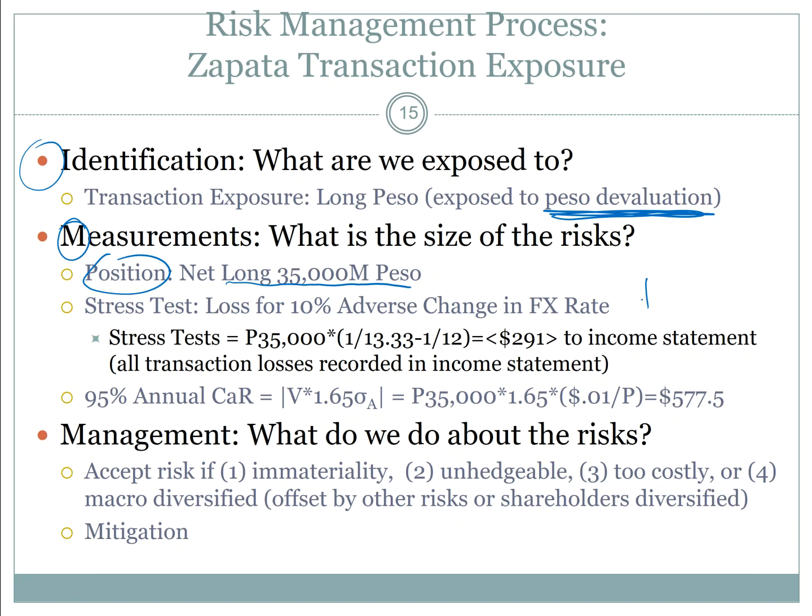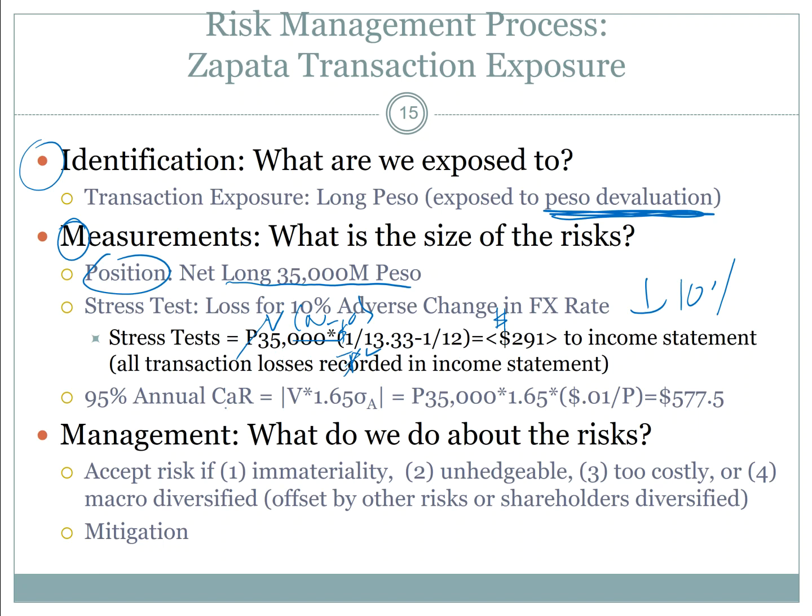What if there's a 10% devaluation of the peso? Well, take my V times the new minus old exchange rate. We already showed that a new 10% devaluation is an exchange rate of 13.33. Therefore, I take my 35,000 pesos times the change in the dollar per peso exchange rate, which gives me a dollar loss of $291.